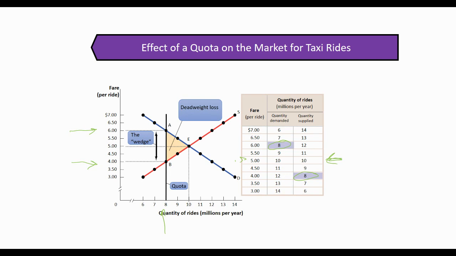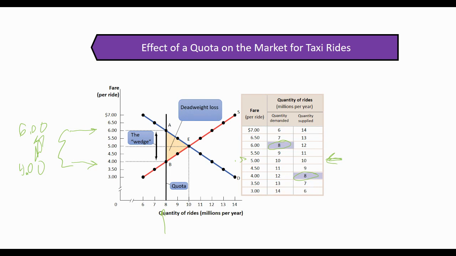And you might go, well, where is that other $2 going? Well, that $2 difference between these two is the quota rent, essentially going to the government.